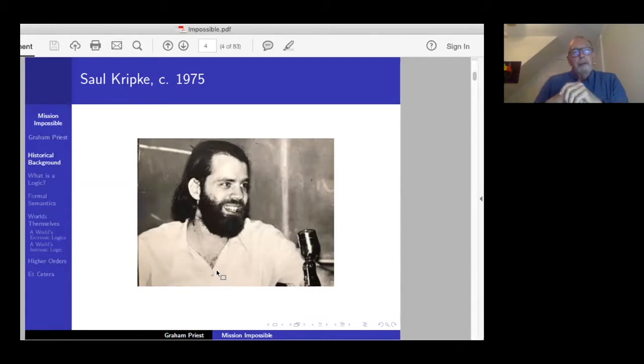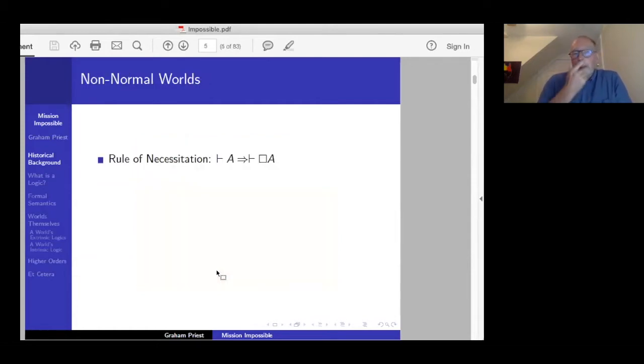Now, the first two of Saul's papers were on the Lewis systems S4 and S5, which I guess are now called normal systems. But some of the weaker systems of Lewis, S2 and S3, are non-normal. Proof theoretically, what makes them non-normal is that the rule of necessitation fails. So this holds in all normal systems, but it fails in the non-normal systems.